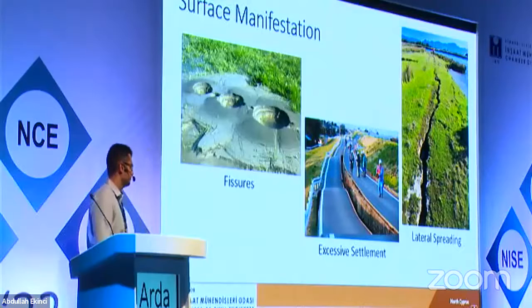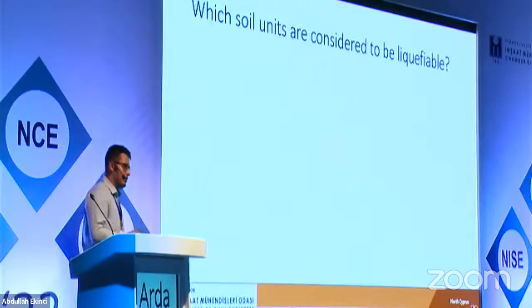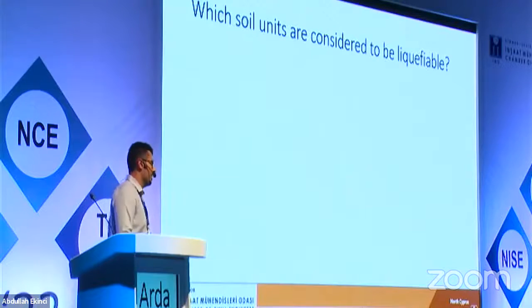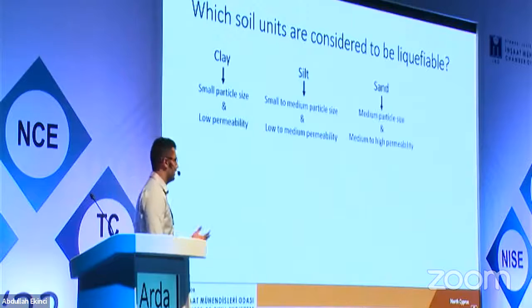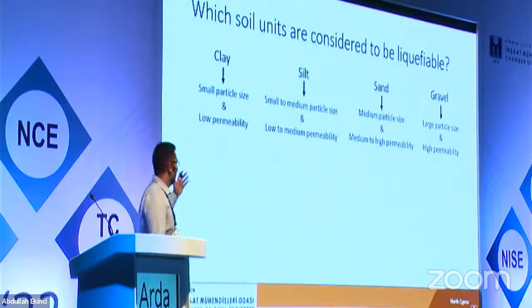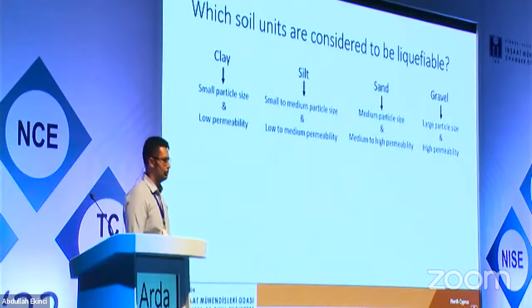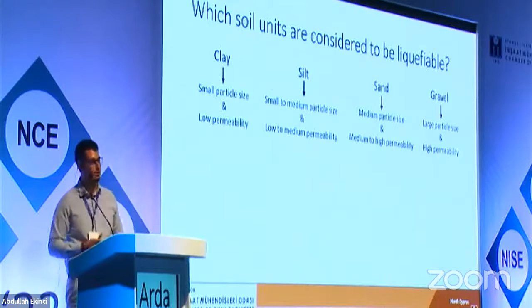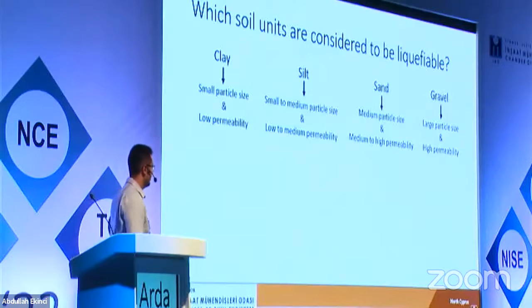After that, I want to say a few words about which soil types are considered to liquefy. As we know, we have clay, silt, sand, and gravel soil types. There are some parameters indicating whether they are probable to liquefy or not. We have particle size, where clay has small and gravel has large particles.